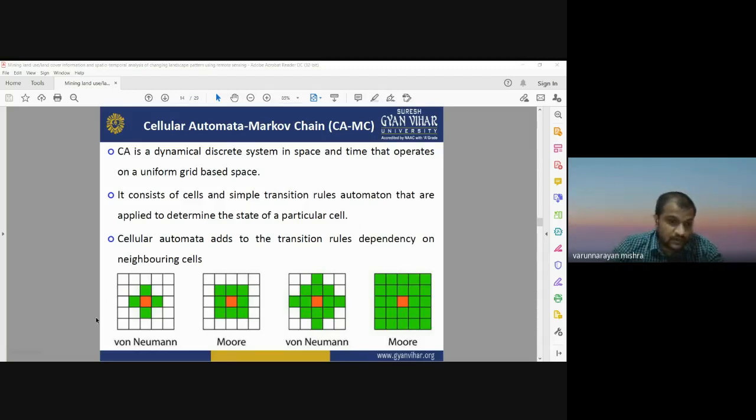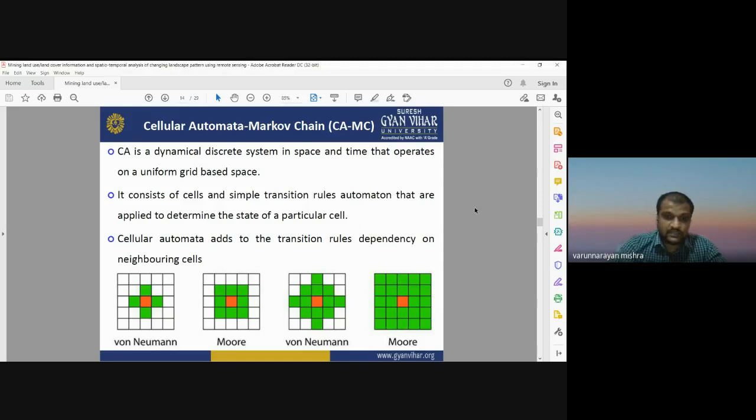Maybe the central pixel will have different types of other classes, but cellular automata calculates the most probable condition, the highest probability of the changing of the central pixel to the neighboring pixel. This is the cellular automata method.